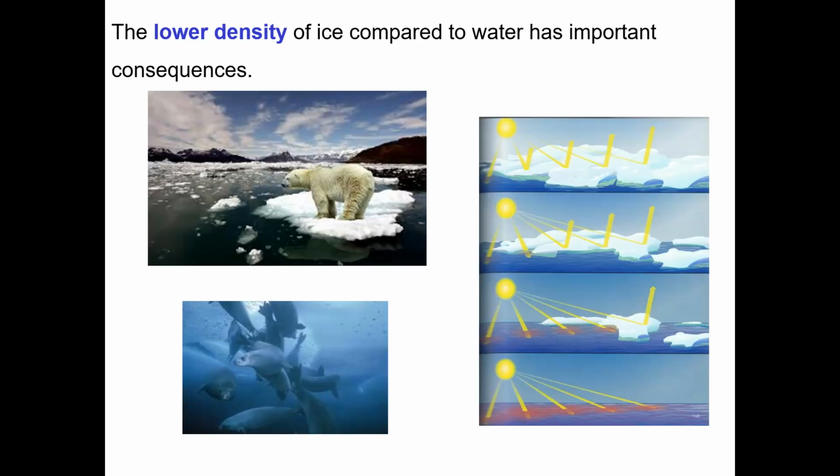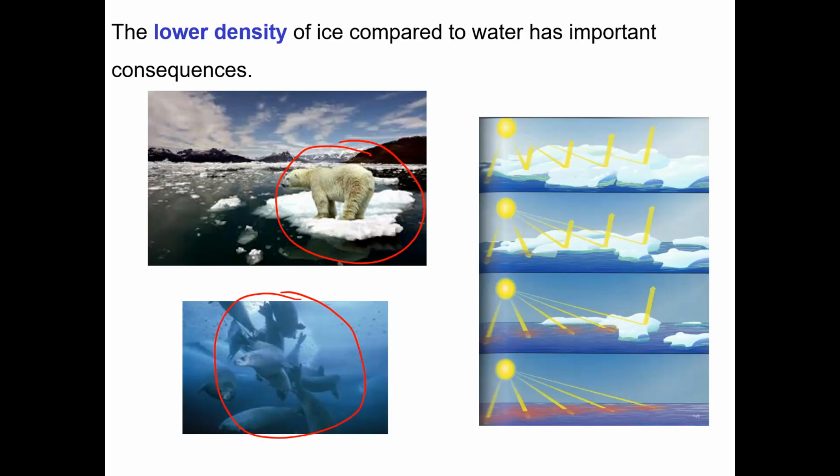Now, the lower density of ice compared to liquid water has a couple of interesting consequences. One is that it creates a habitat for creatures like seals and penguins and polar bears that love to live on sea ice. And the other thing that happens is that the ecosystem can continue to function underneath the ice.